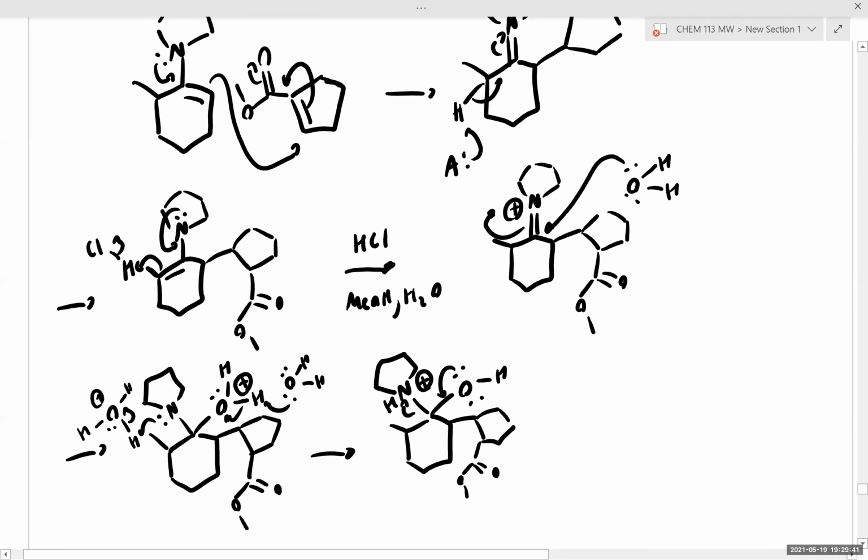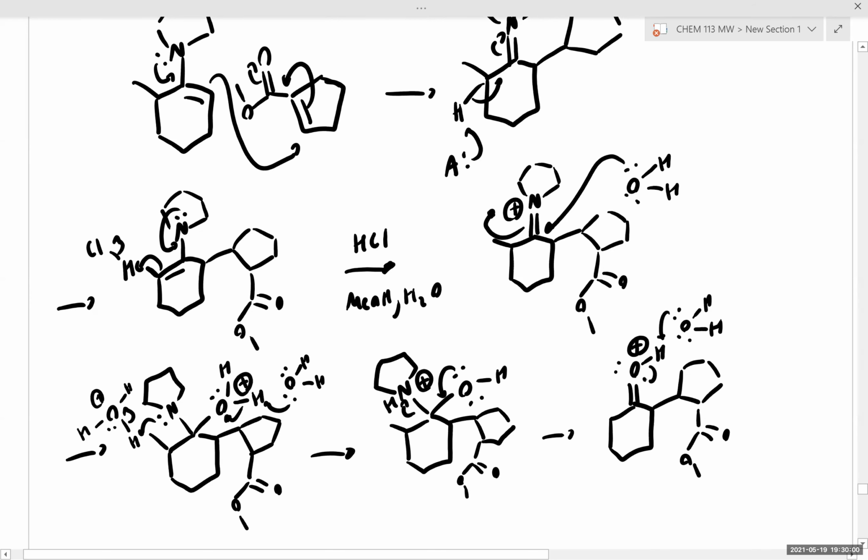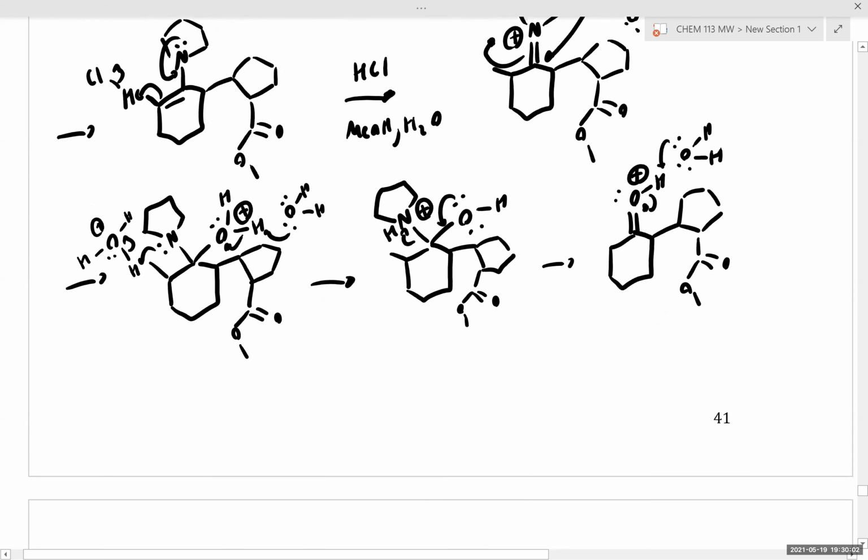So we can kick out our amine, and that in turn gives us the protonated ketone, which can just be deprotonated with water or another reasonably basic solvent component. And that in turn gives us our neutral isolable product.